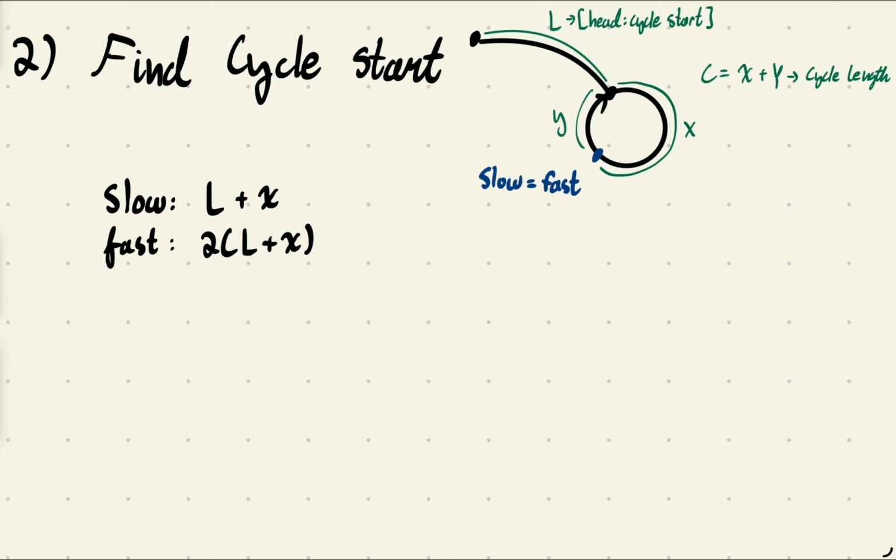We know that the total distance traveled by slow is going to be L plus X, and that the total distance traveled by fast is going to be twice as much as that because we're making twice as many steps.